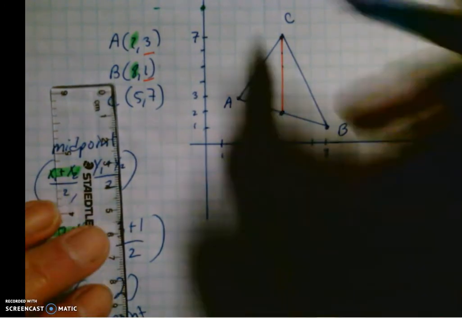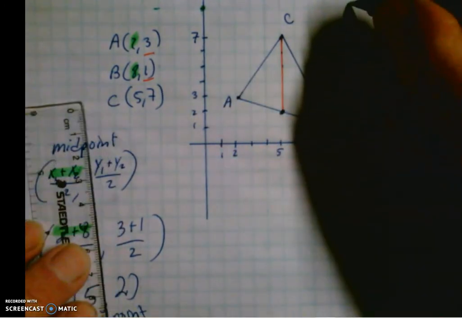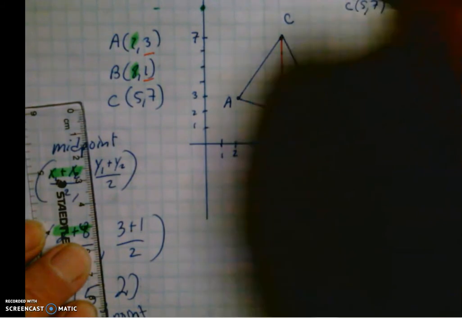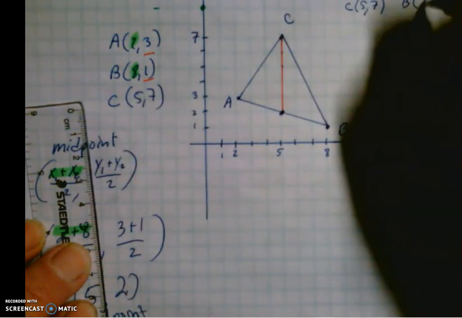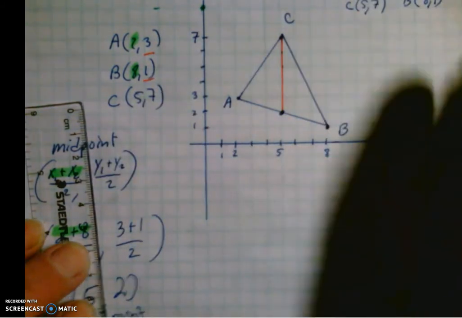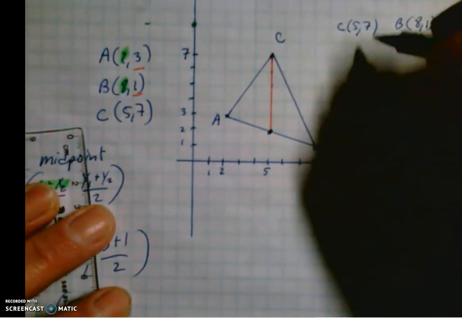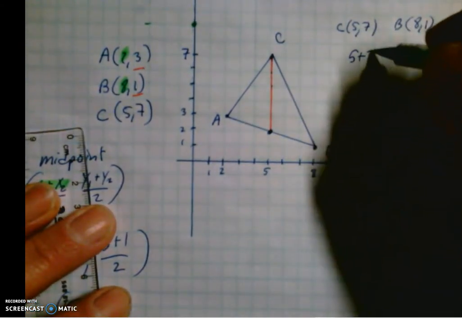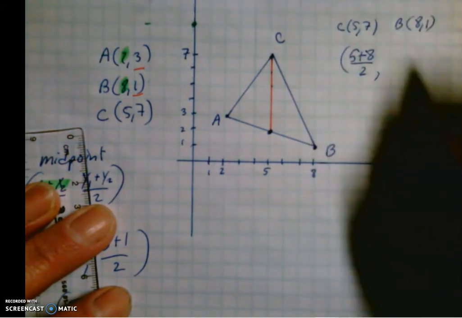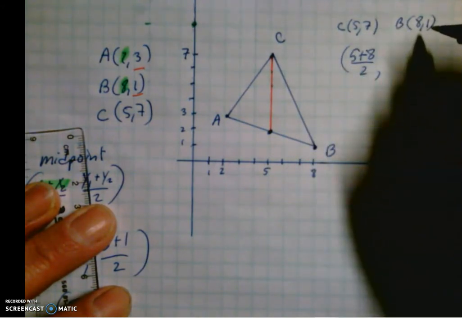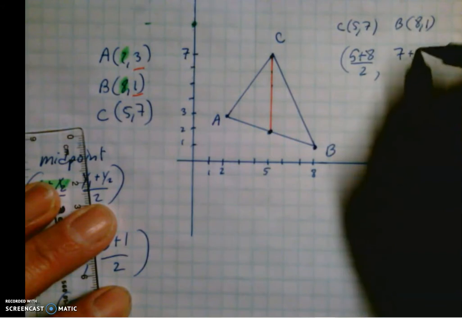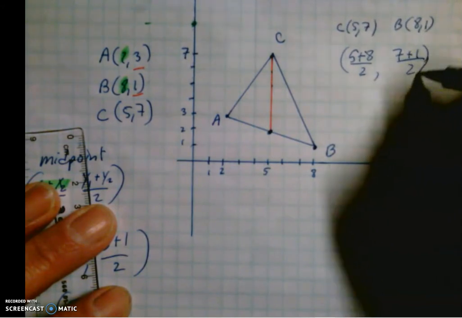Now we can find the median between here and here. Point C is 5, 7 and point B is 8, 1. It doesn't matter which order you do them in. That's what's nice about this midpoint thing. You add up the x's, 5 plus 8 divided by 2, and then the y's, 7 plus 1 divided by 2.